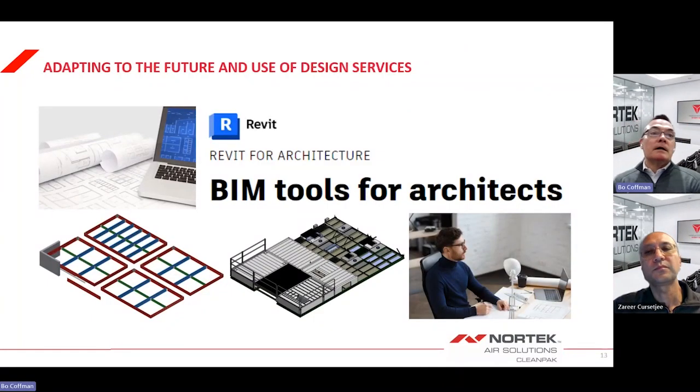Thanks, Zari. So we'll close our presentation with some comments about adapting to future growth and the use of cleanroom design services. As demand for cleanroom production continues to increase, future expansion of an existing cleanroom may be required.